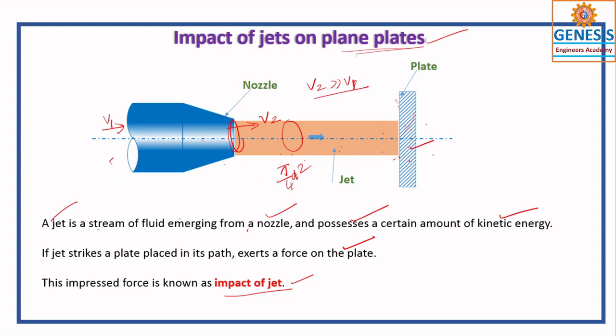What would happen? That is our duty to find out. First of all, you learn that the jet is circular if the cross section of the nozzle is circular, but generally we use only circular, in this case while studying this type of stuff.